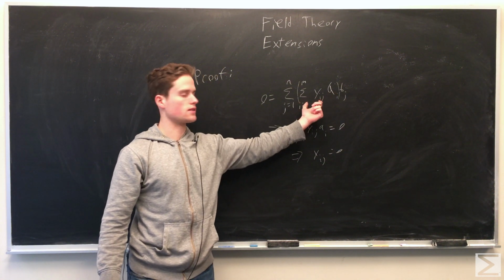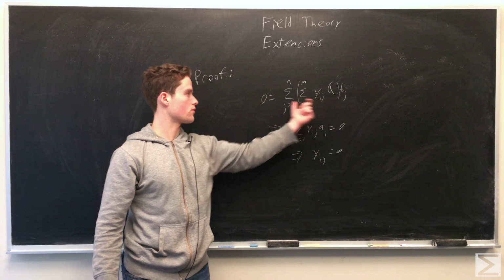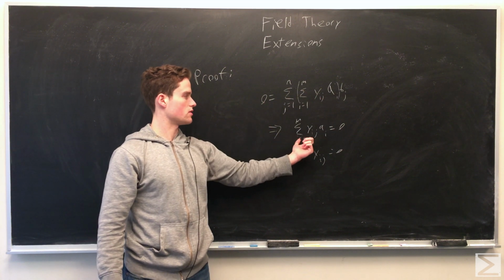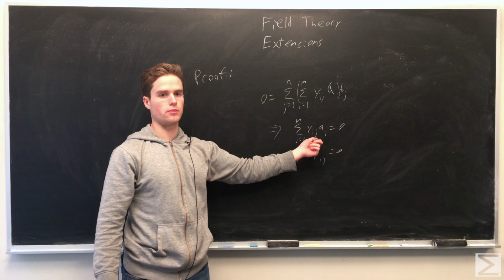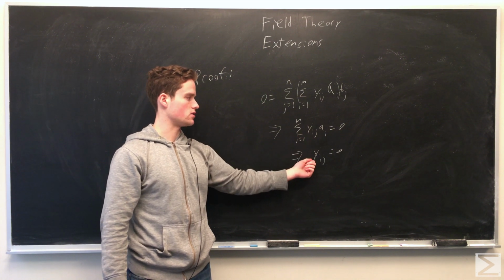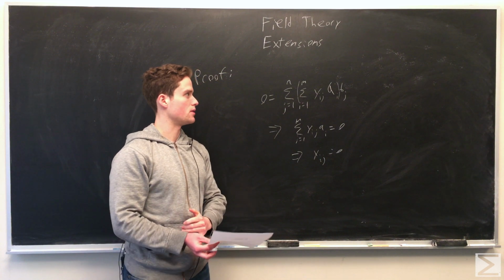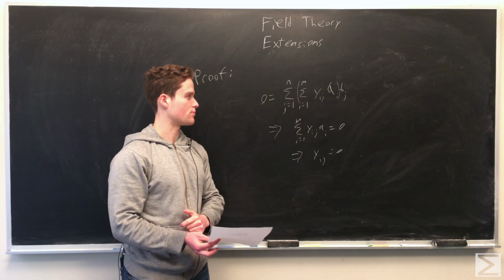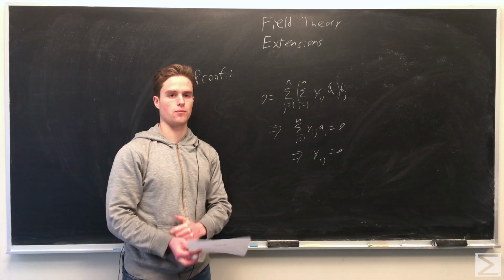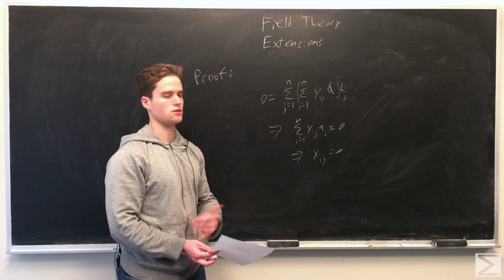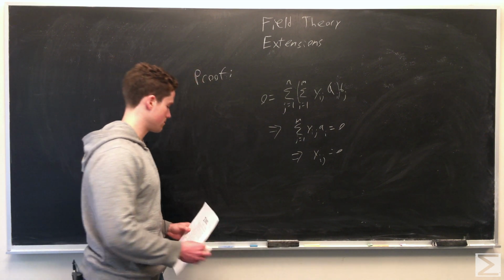So these scalar coefficients must all be 0 for this to equal 0. But then the ai's are also independent, so all the yij's must equal 0 in this case, and so the ai bj's are a linearly independent spanning set. So they are a basis for the vector space, and this proves our theorem.